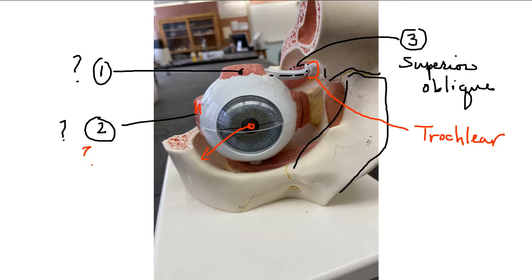If you move away, we call this abduction, right? If it moves away, it is to abduct the pupil. So you're looking outward. And so that's the abducens. The abducens is the sixth cranial nerve.